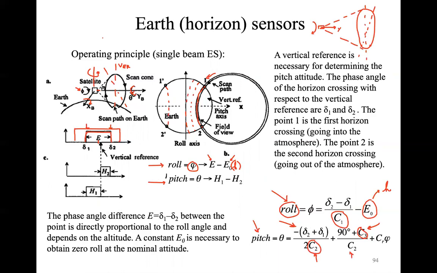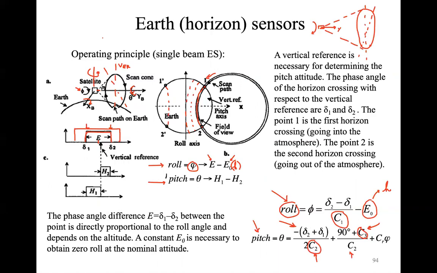So you have only two measurements that you can use to determine two angles of your spacecraft attitude. The two angles are the roll and pitch angles.